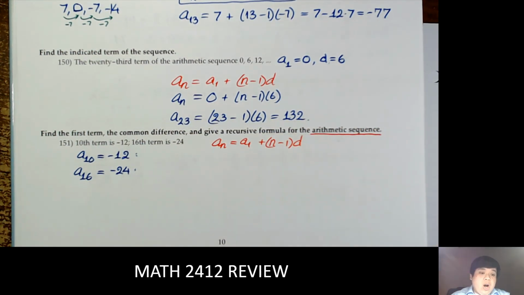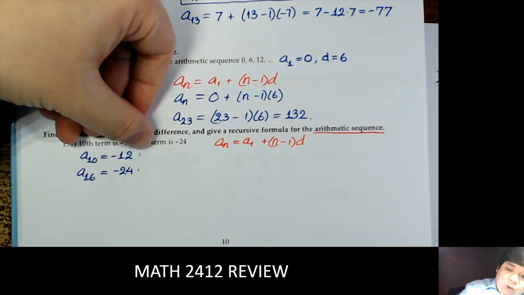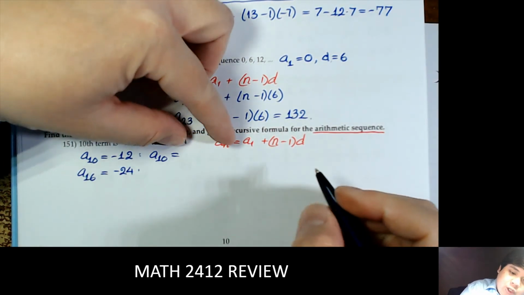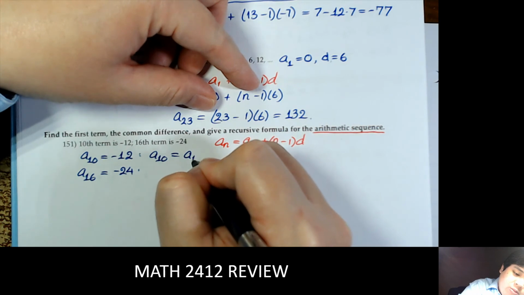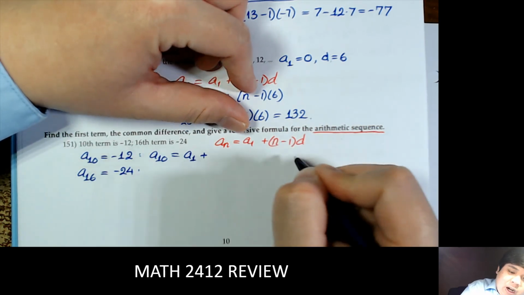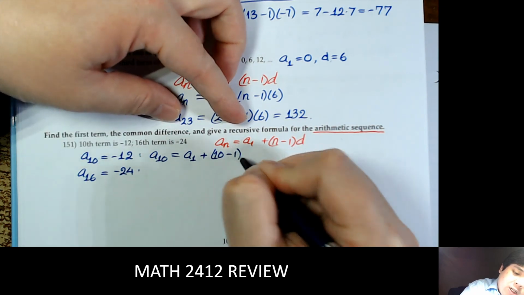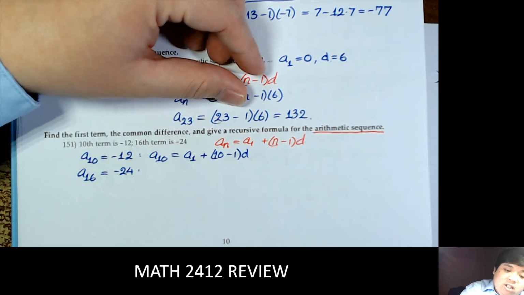Put everything we know in this equation, we have a10 equal to a1, which we don't know, which is fine. n we do know is 10, so 10 minus 1 times the difference, we don't know that either.